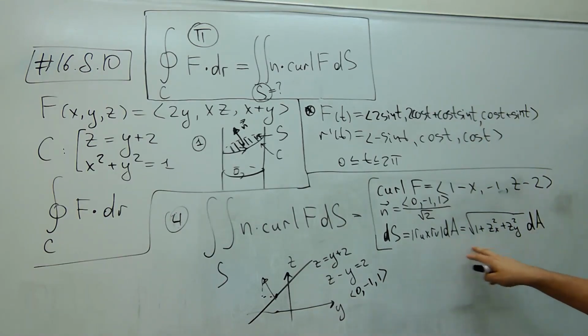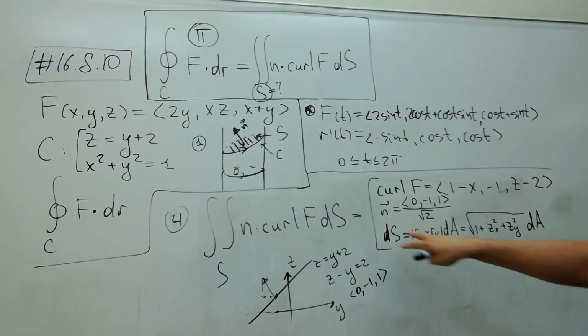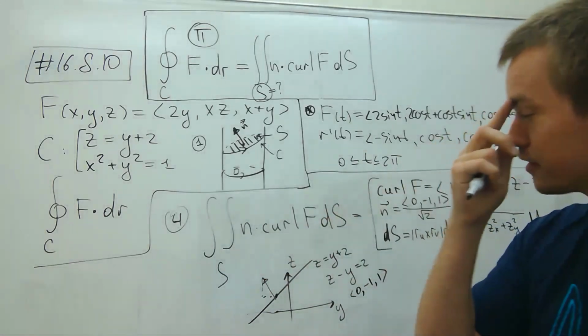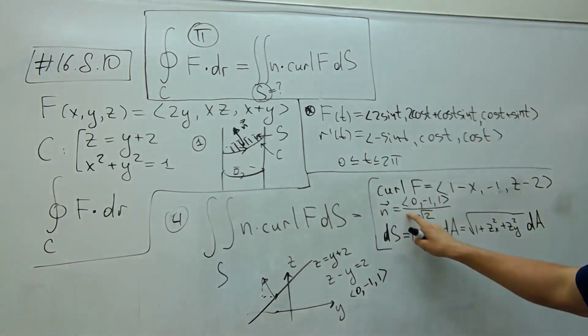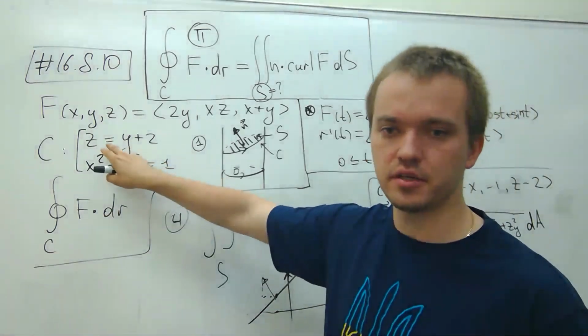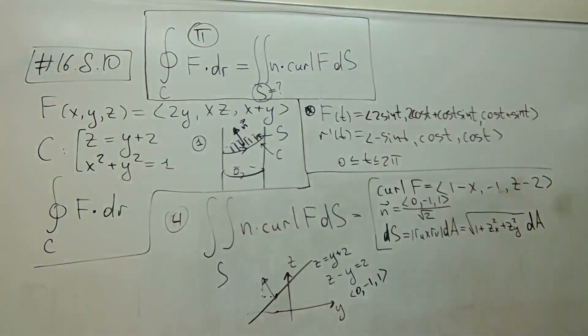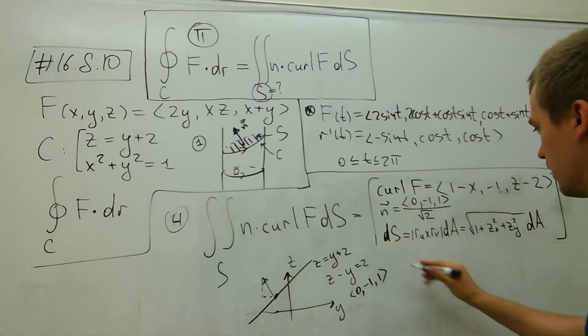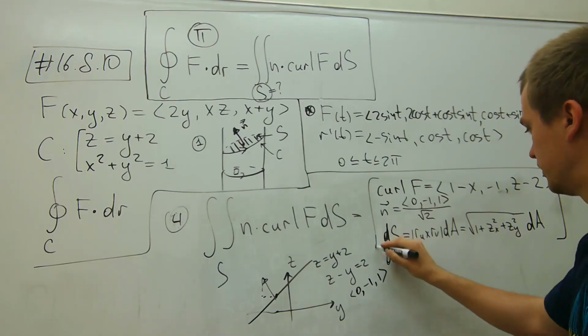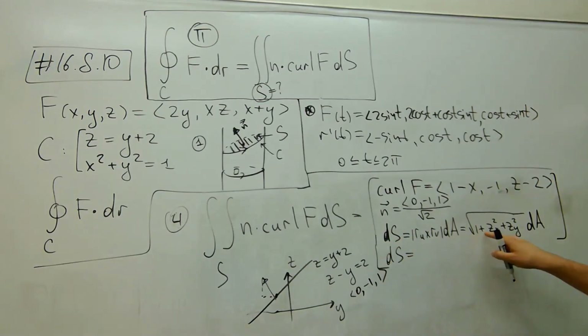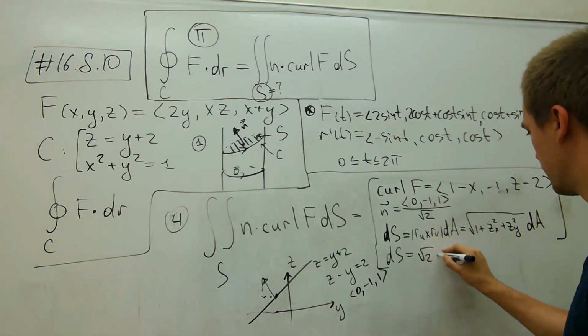And we can see that we didn't use any parameterization here for the surface integral, we used the gradient and partial derivatives, so it's going to be easier with partial derivatives. So in this case, I will get that my dS, let's put it over here, my dS is equal to the square root of 1 plus 0, the partial of this one is also 1, equals square root of 2 dA.